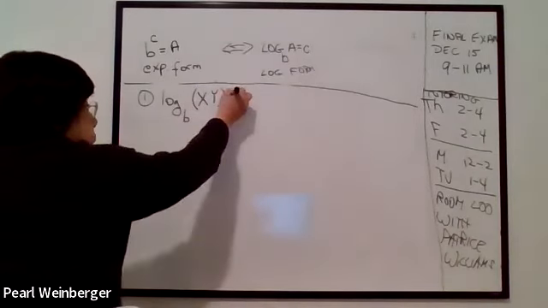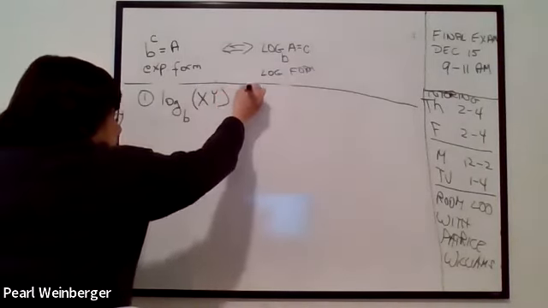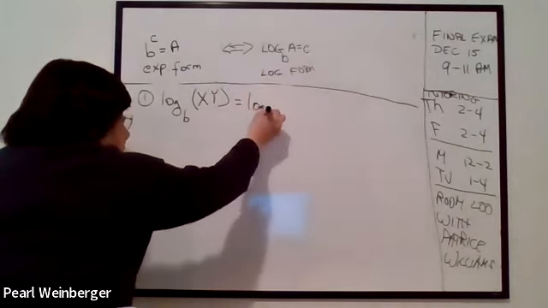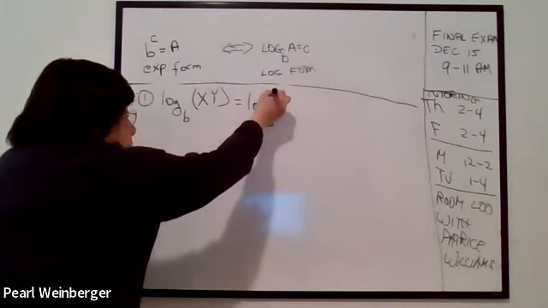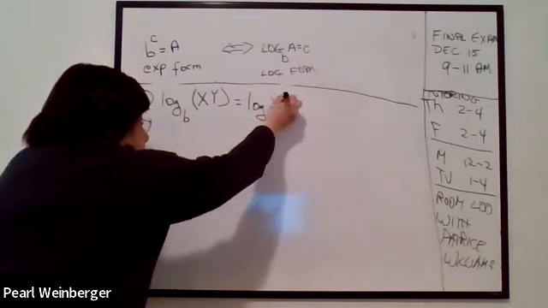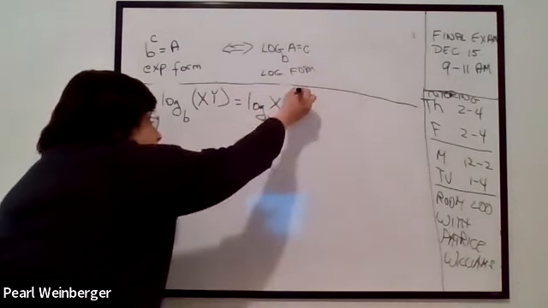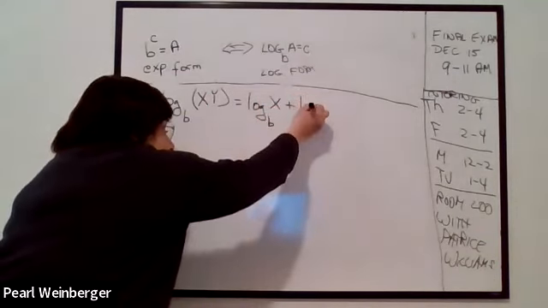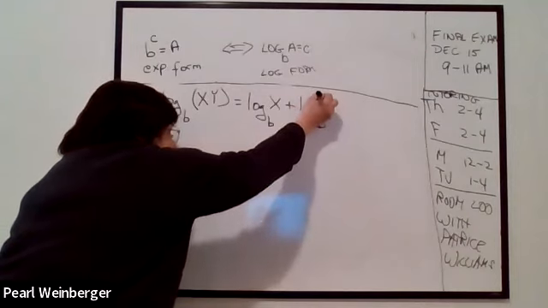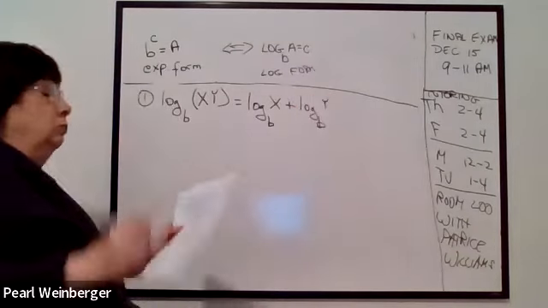So the first rule is that when we're multiplying two numbers, what we do to their exponents or their logs is add them. That's rule number one.